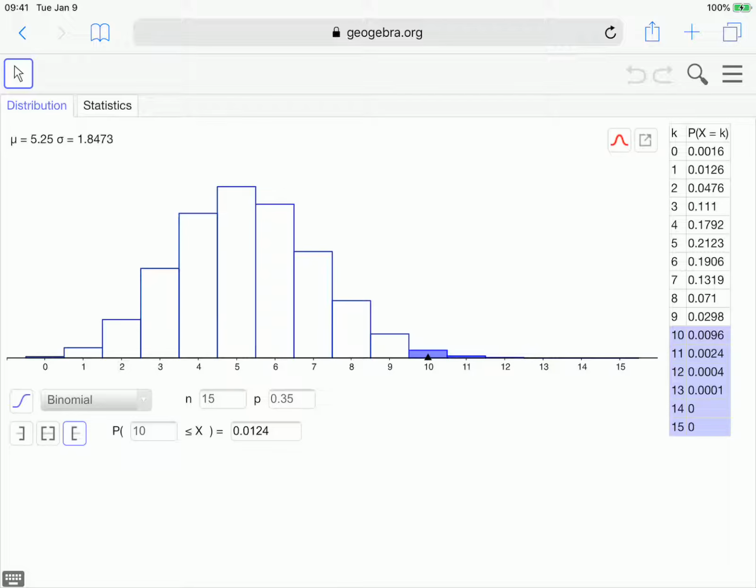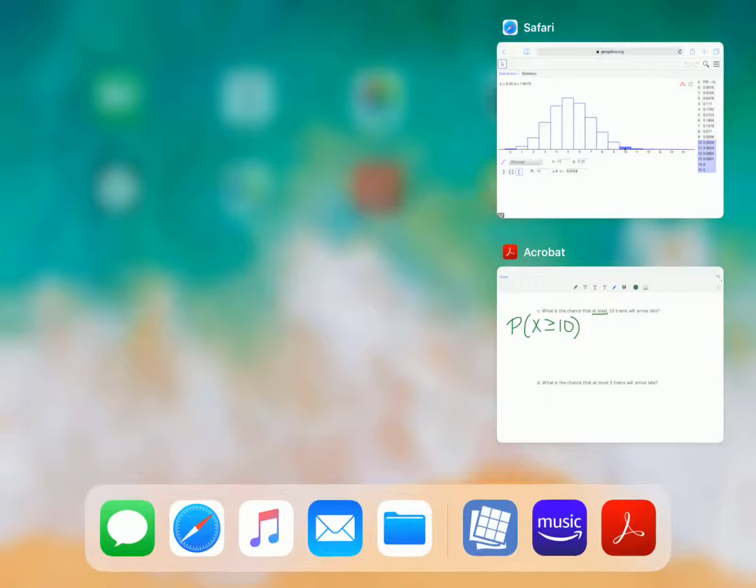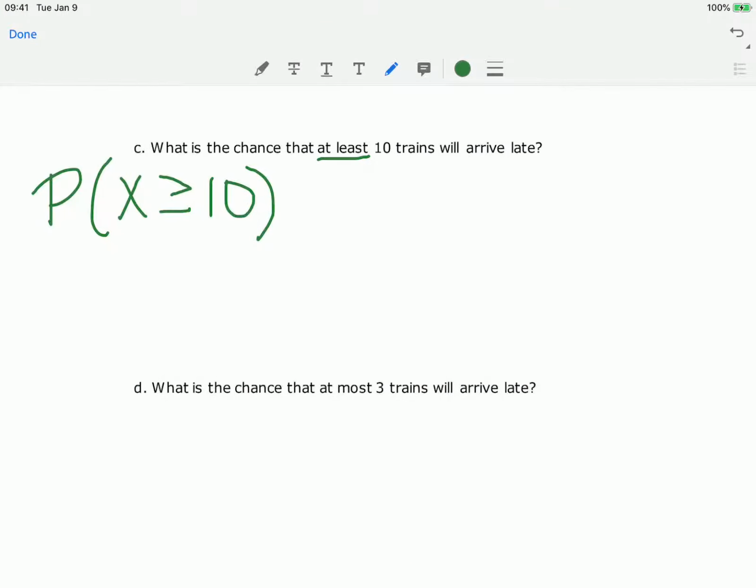And as we learned back in Module 8, the keyword or means we're going to add. So I need to take the probability of 10 or 11 or 12 or 13 or 14 or 15, and add all of those probabilities together. When we do that, we get 0.0124. So I'm going to go ahead and fill this in.